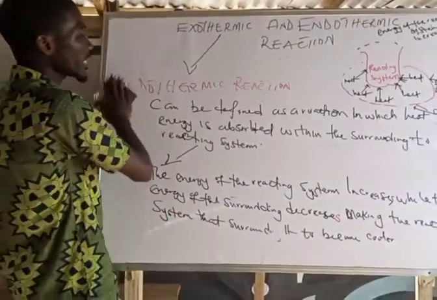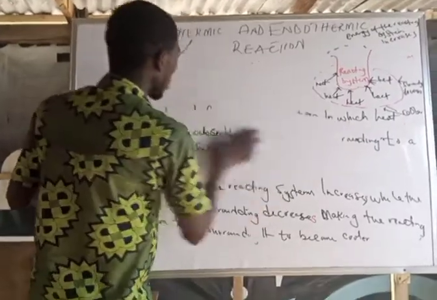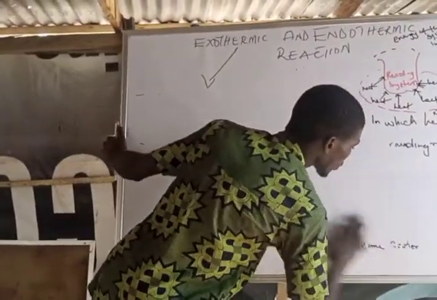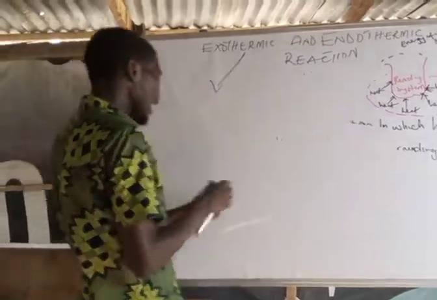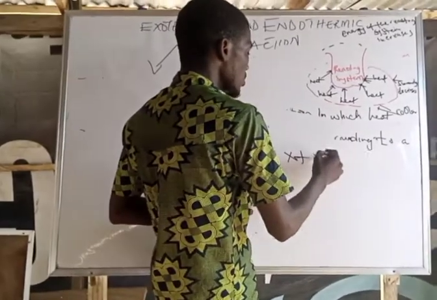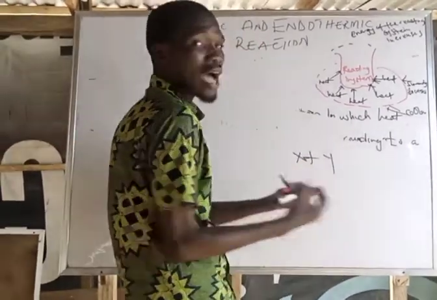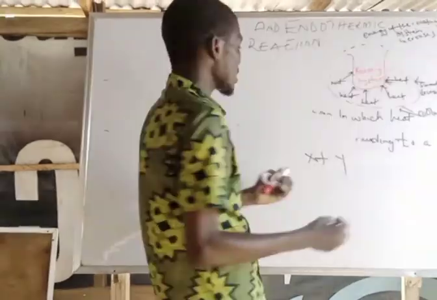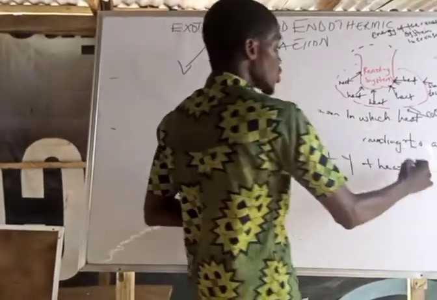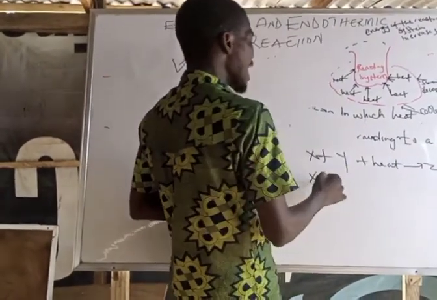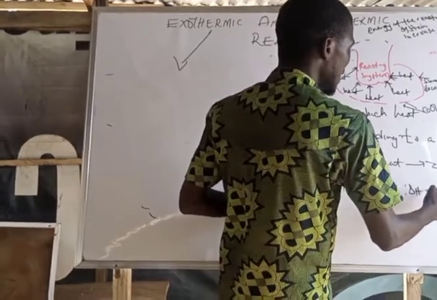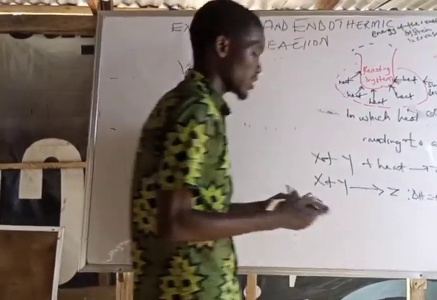So now let's show the graphical explanation of the endothermic reaction. Before we do that, if substance X reacts with substance Y to absorb heat, so you can say plus heat, to produce Z, so X plus Y will give us Z. The change in heat energy will be positive.